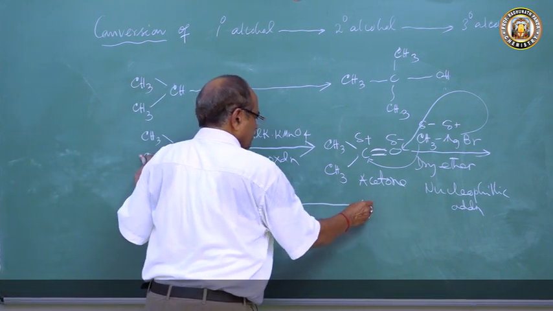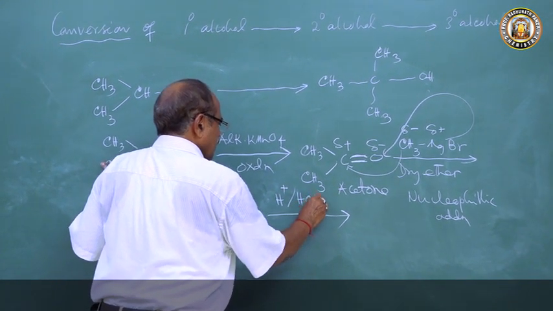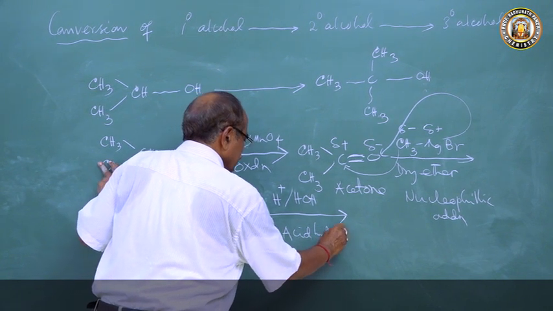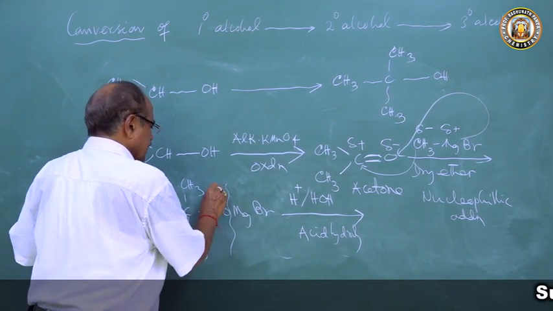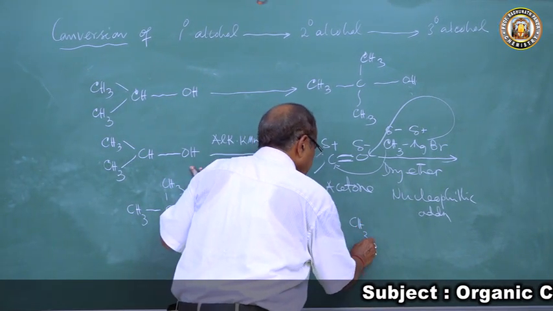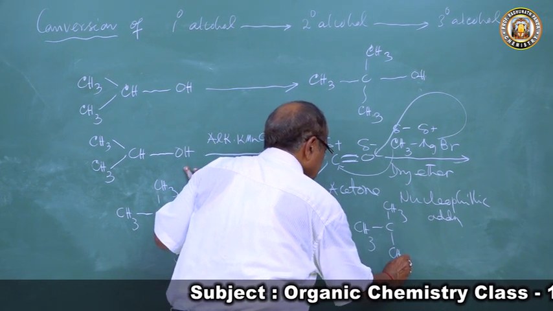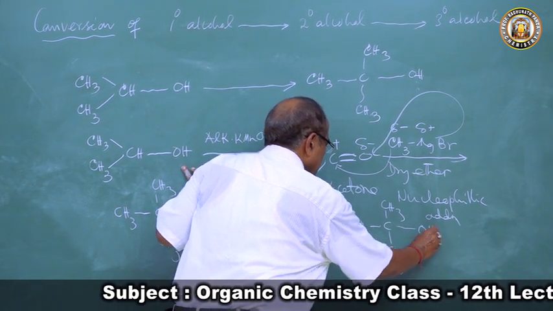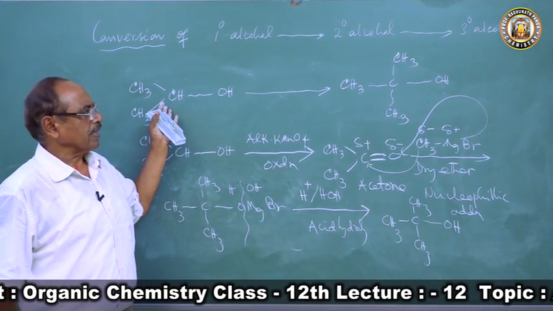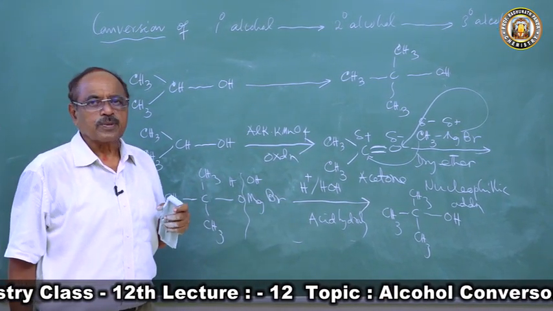This upon hydrolysis, HOH, this is acid hydrolysis. Here hydrolysis takes place, HOH. We get the compound as (CH3)3COH. This is tertiary butyl alcohol. So the primary alcohol, ethyl alcohol, we converted to isopropyl alcohol. Isopropyl alcohol we converted to tertiary butyl alcohol.